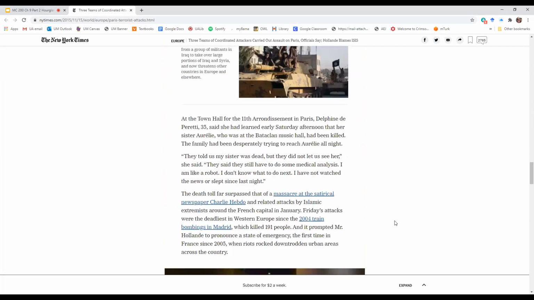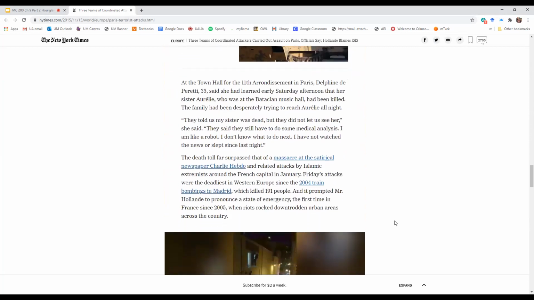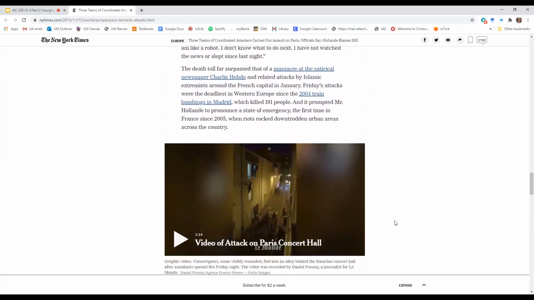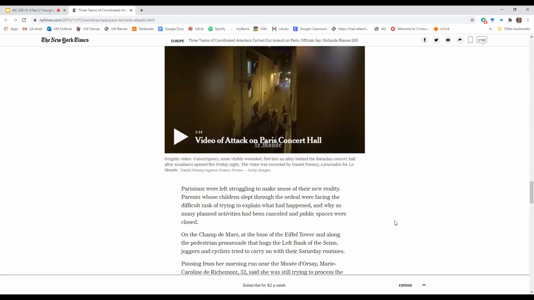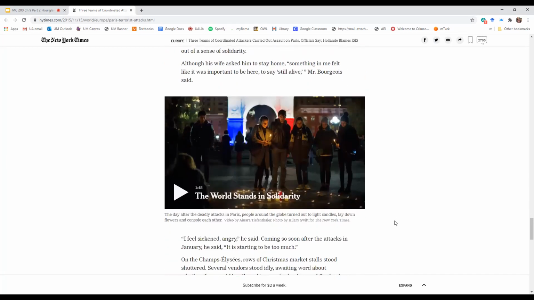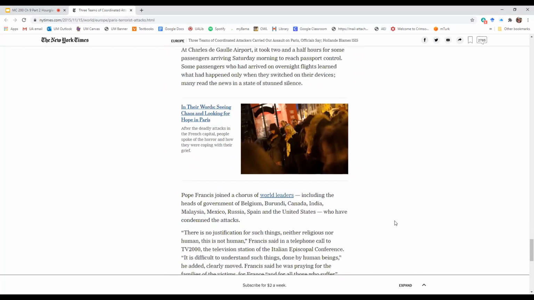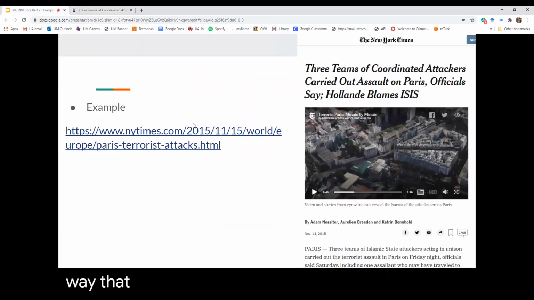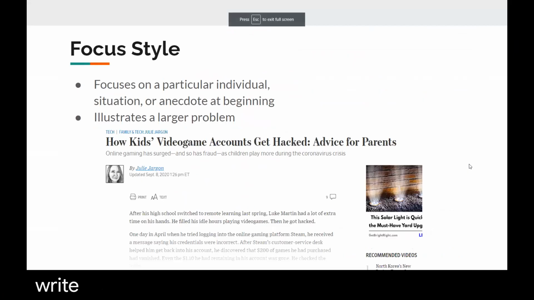And so you can see how instead of just following the very basic inverted pyramid style, which would have forced these journalists to really stick all of that information up top, here they get to pivot. And in fact, they pivot multiple times to multiple different topics while still keeping it in one story. So that is one way that you can use the hourglass style in order to write.